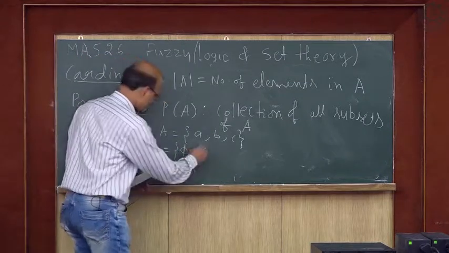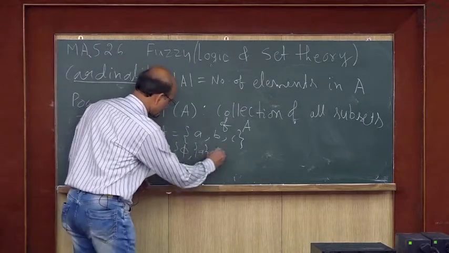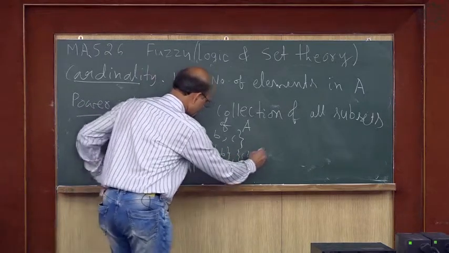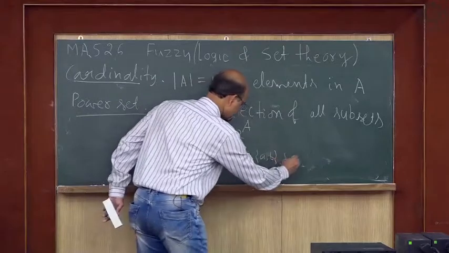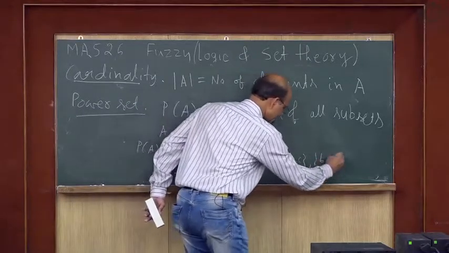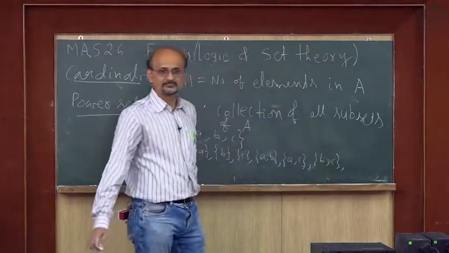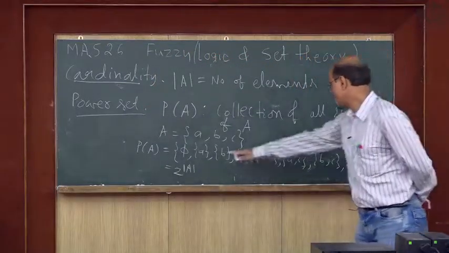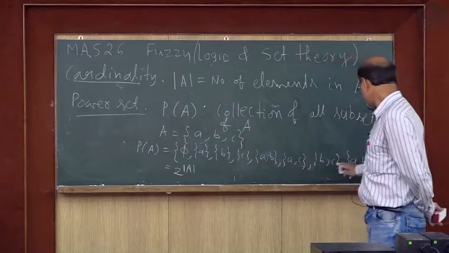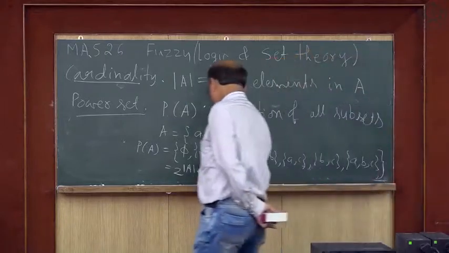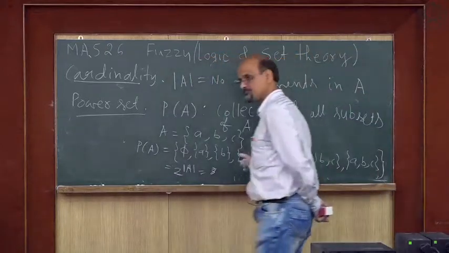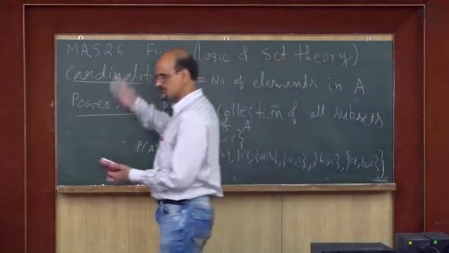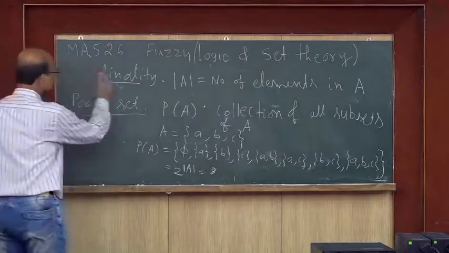Phi, A, B, C, then AB, AC, BC and ABC. So, we have 1, 2, 3, 4, 5, 6, 7, 8. So, we have 8 subsets. So, these all will be used in fuzzy sets also. Okay.